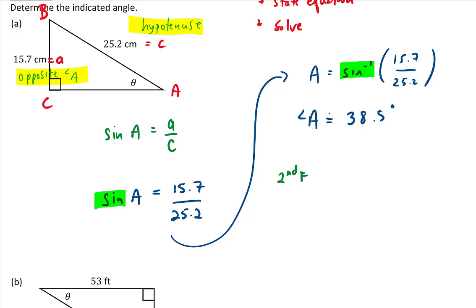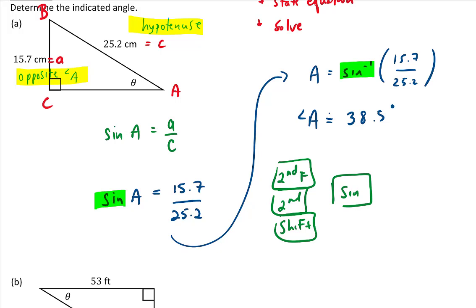On your calculator, for most of you, you might have to hit a second function button, or a shift button first, depending on your calculator. Then you're going to find your sine button, which has a little sine minus 1 probably sitting right above it. Then you might need a bracket. If your sine doesn't include a bracket, you'll use your bracket key.